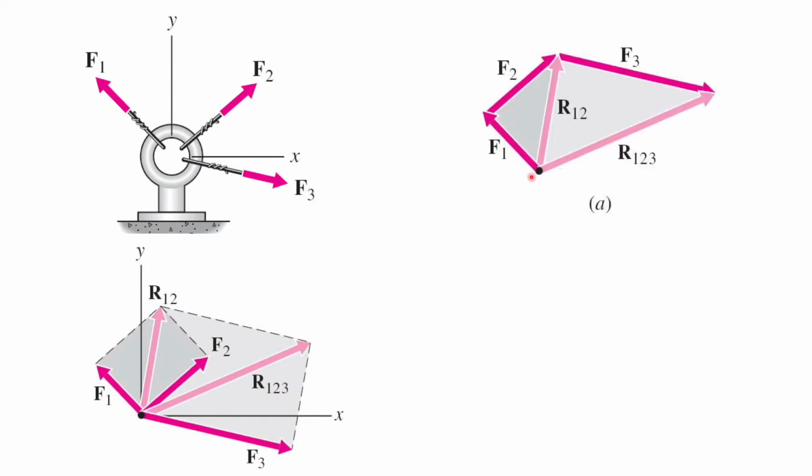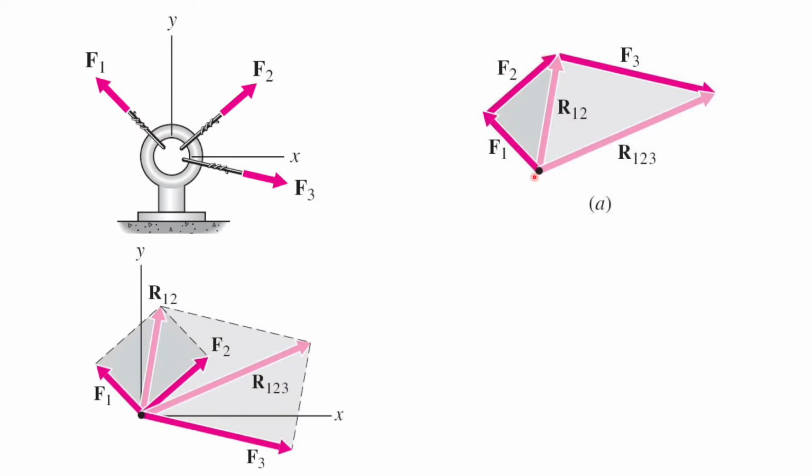First, draw F1. Next, draw F2, the second force, from the tip of F1. Then we can get the resultant vector of F1 and F2.